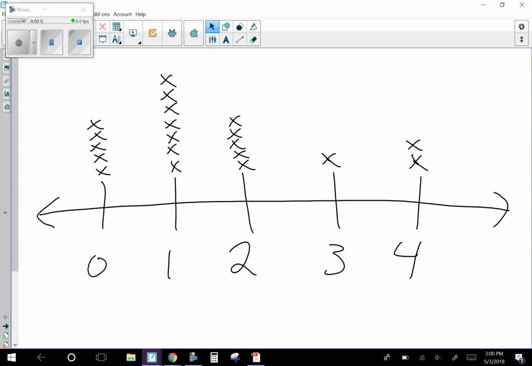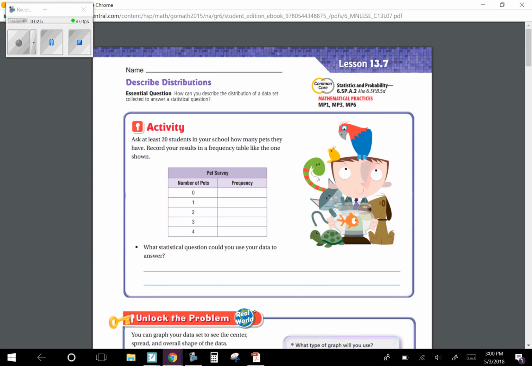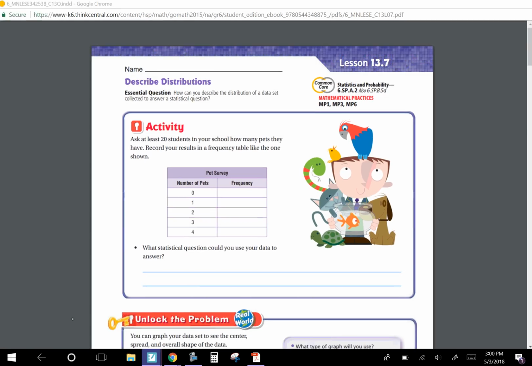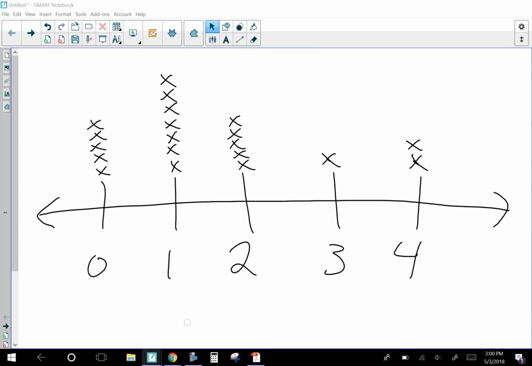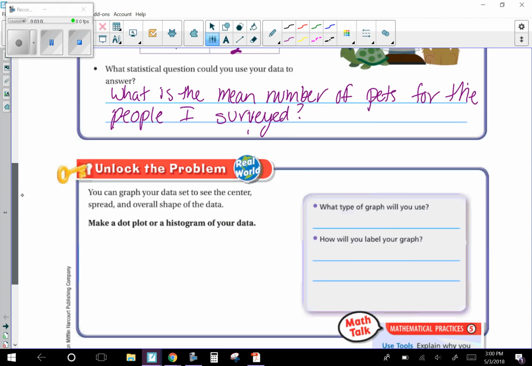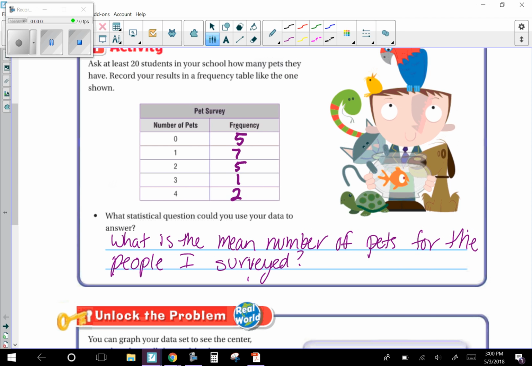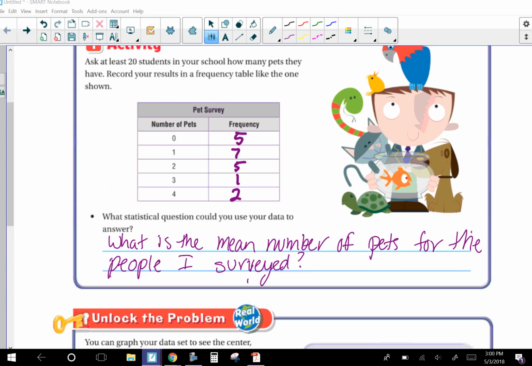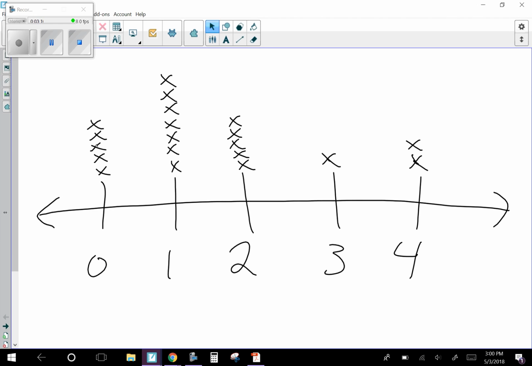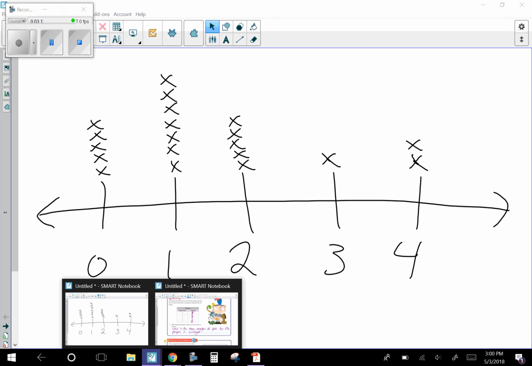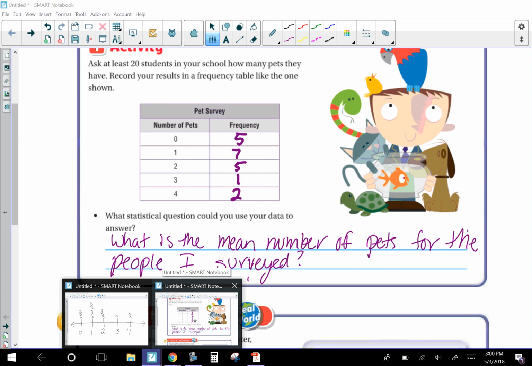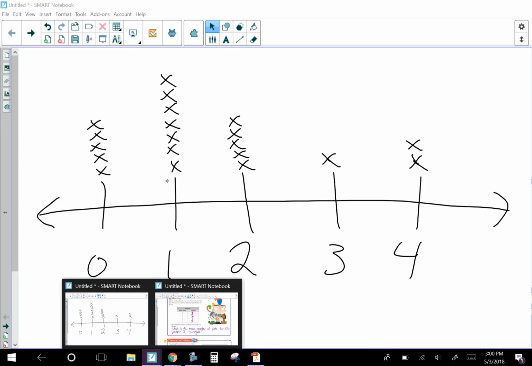So according to my chart here, I had 5 on 0. So 0, I have 1, 2, 3, 4, 5 X's. On my number of pets, I should have 7: 1, 2, 3, 4, 5, 6, 7.